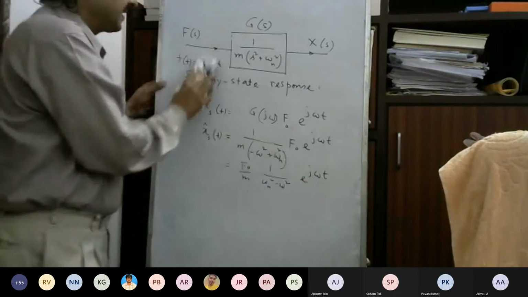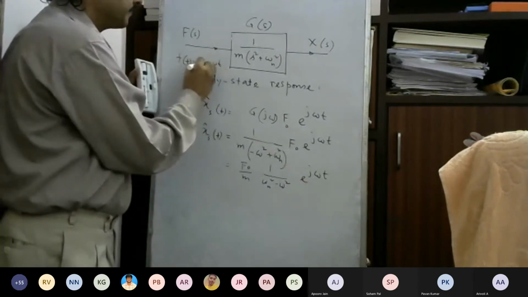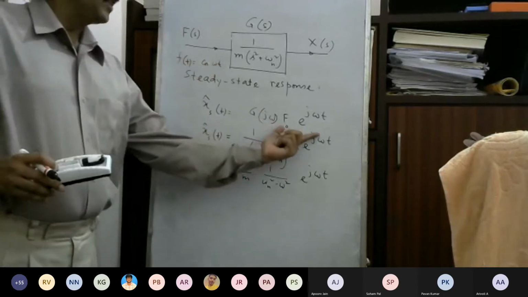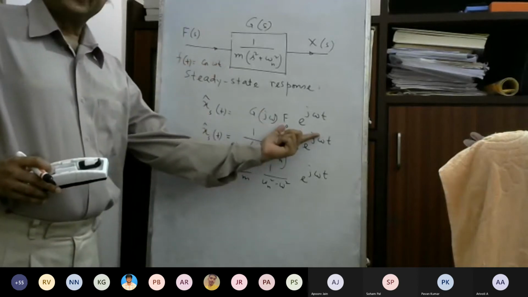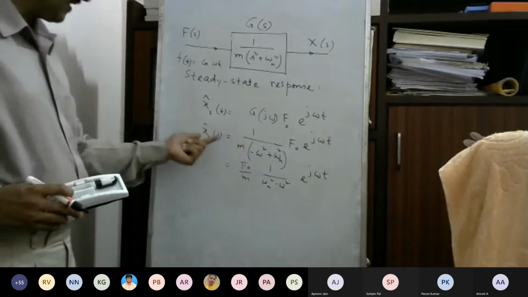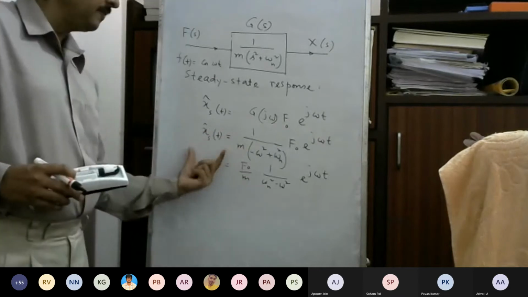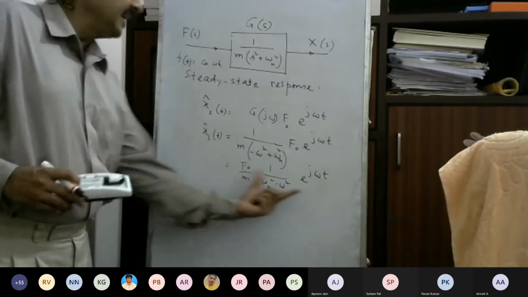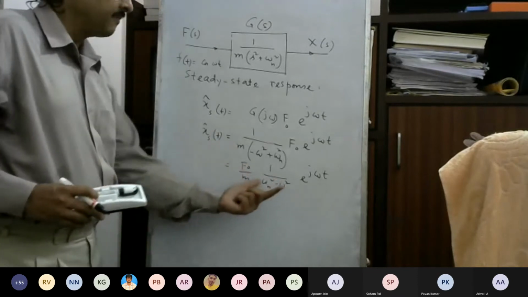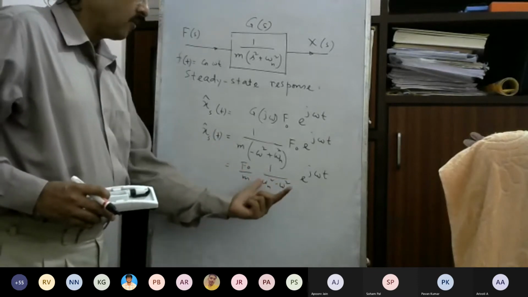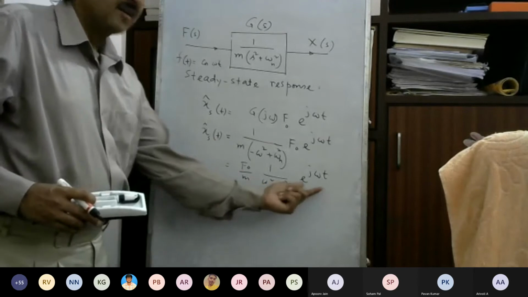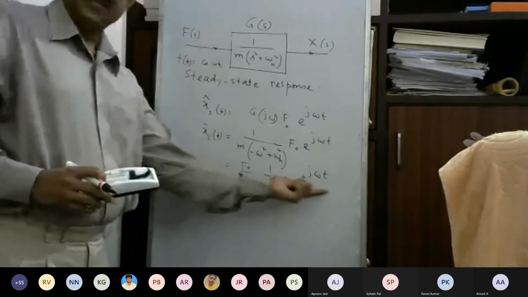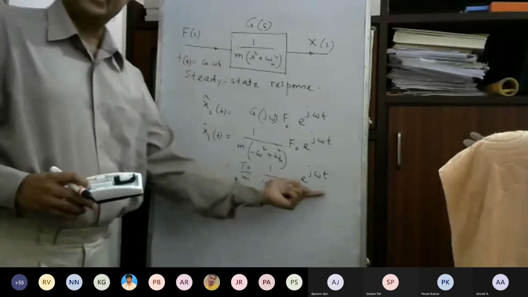If we have cosine omega t, cosine omega t is the real part of F naught e to the power j omega t. So the response will be the real part of x_s hat, which is F naught by m times 1 upon omega n square minus omega square, times cosine omega t. If the force is a cosine function, the response is cosine omega t. If it is a sine function, the response is sine omega t.